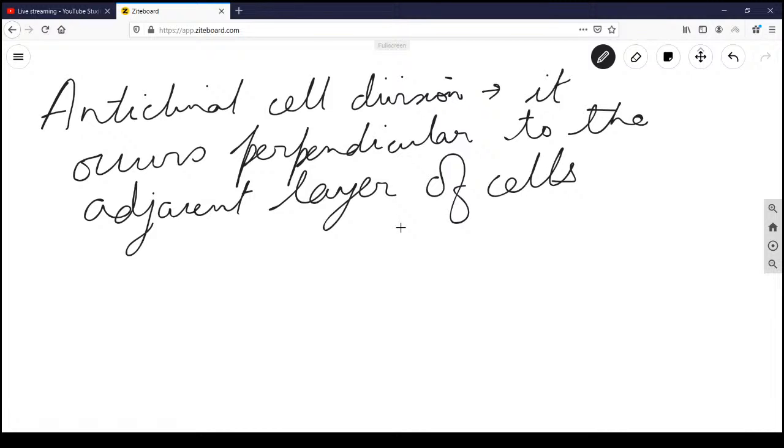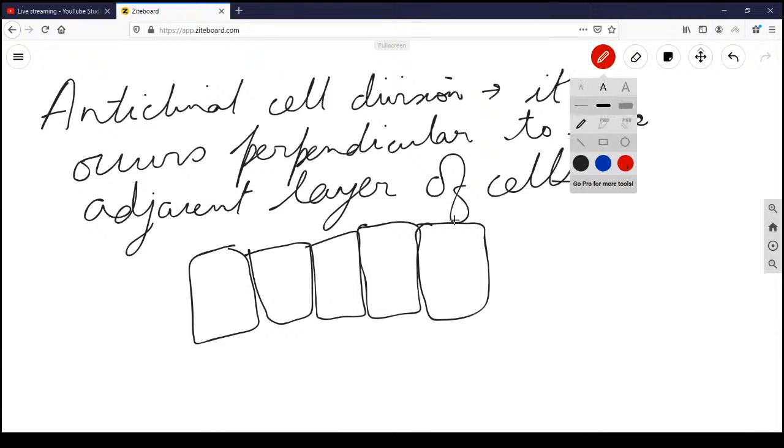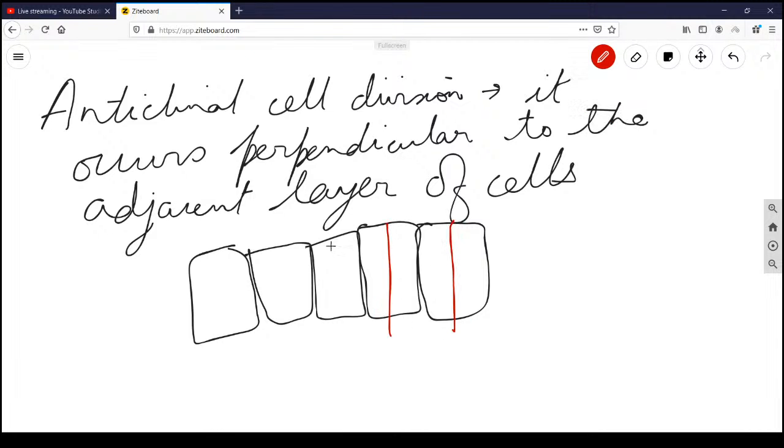So what you get is columns of cells instead of rows and stacks of cells on top of one another. We don't get the rows of cells that we were getting in case of periclinal division. Instead, we are getting columns of cells. So this is how the division would take place, like this. The columns of cells will emanate from this kind of specific cell division.